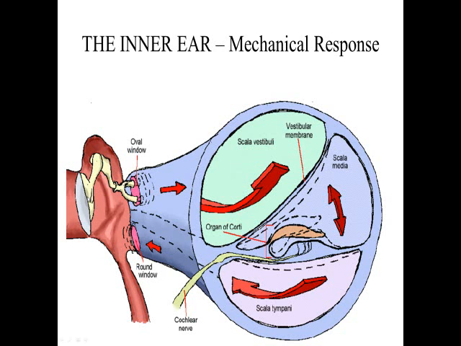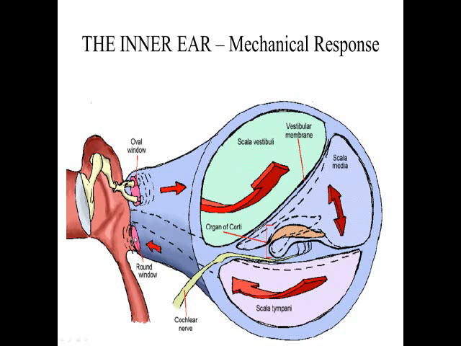and recall that's what would happen during the condensation phase of a waveform, the compression phase of a waveform. So that pushing in at the eardrum is going to produce pushing in at the oval window, and that's going to produce pushing out toward the eardrum, back out in the lateral direction at the round window.